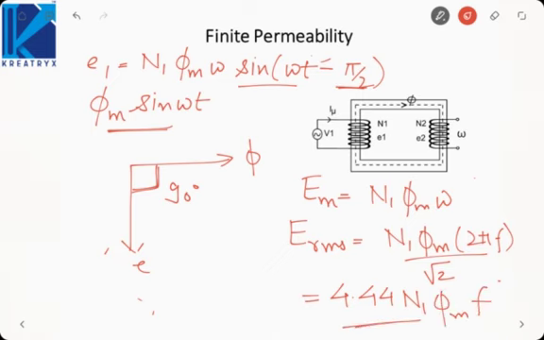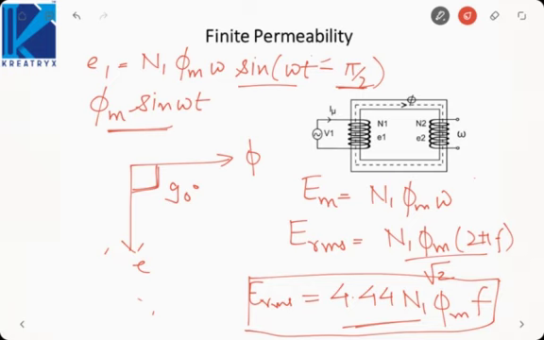This is the EMF induced in the primary winding. This expression is very important, and you must always remember it. It will be used in synchronous machines as well as induction machines. So induced EMF is 4.44 f into number of turns into the maximum value of flux inside the core. Remember, the RMS value of EMF depends on the maximum value of flux.